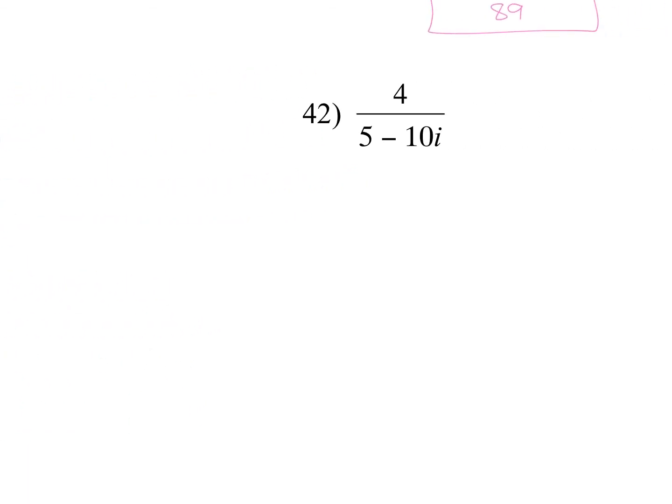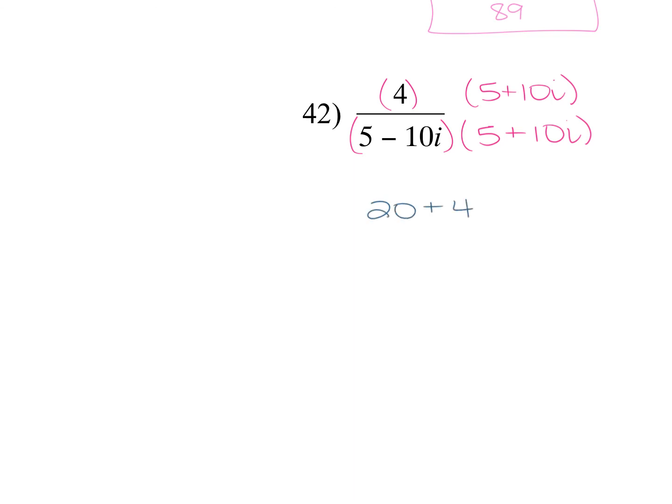All right, so for our next one, for 42, we have 4 over 5 minus 10i. We're going to multiply the top and the bottom of this, once we put our parentheses around, by 5 plus 10i. So up top, we're going to distribute that 4 in.